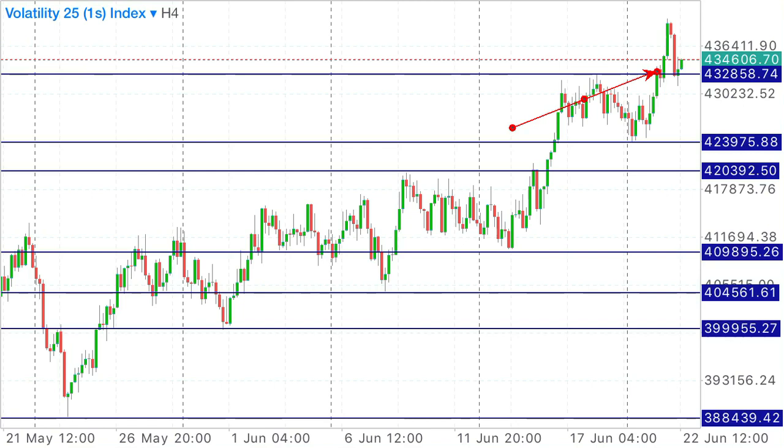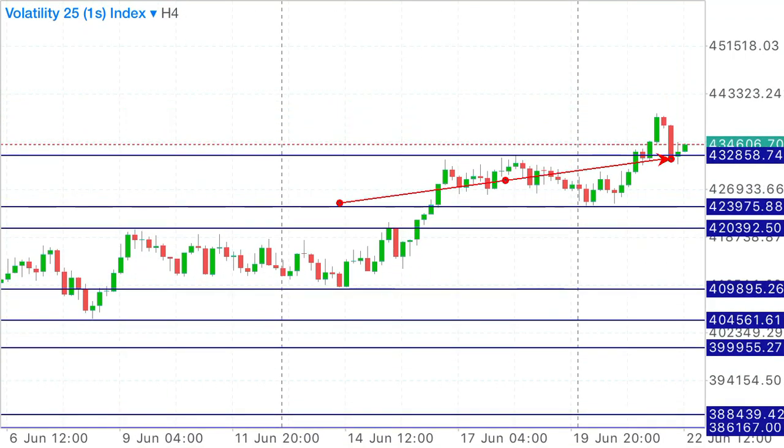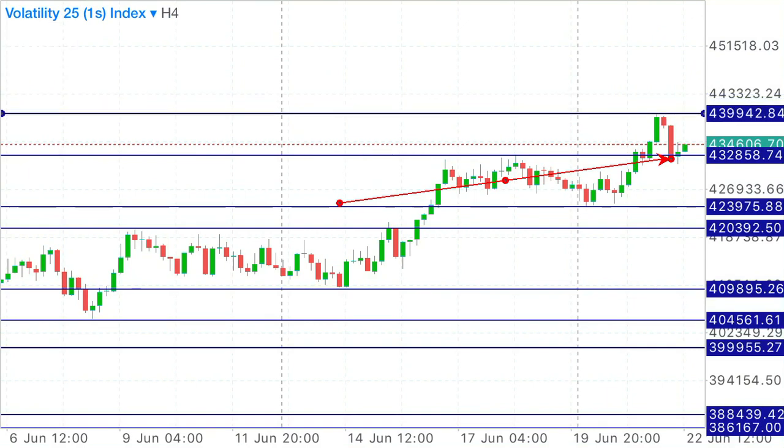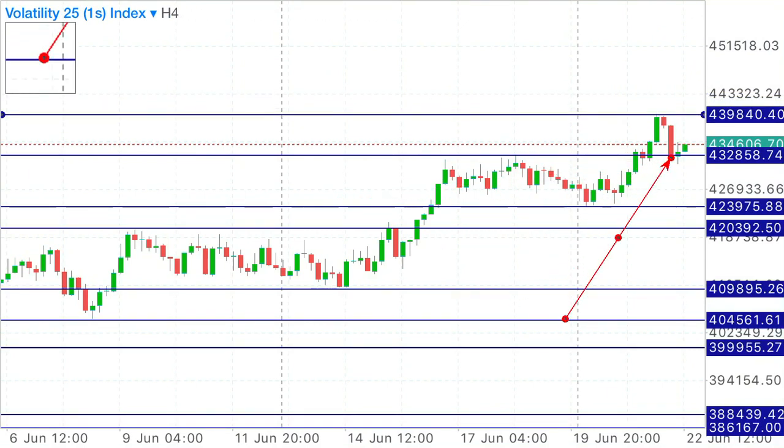In fact, it's now a support, because if you can check here, there was a breakout and then prices now are coming for a retest. So I'm expecting prices to continue with this trend.